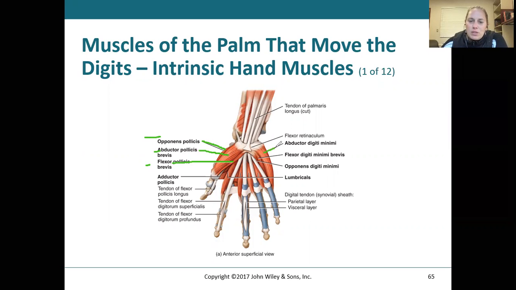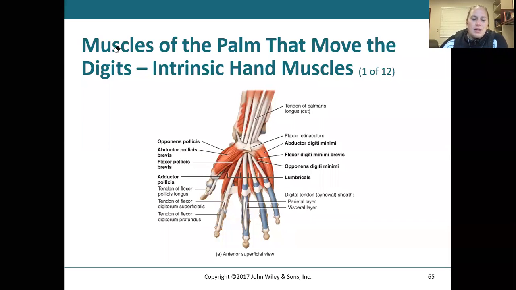And then here you have your adductor digiti minimi, your flexor digiti minimi brevis, and your opponens digiti minimi inside. Here you can see your lumbricals between each one of those fingers. And lastly, you have your abductor pollicis in the more posterior view, which I think would be a better angle to see that particular muscle group.